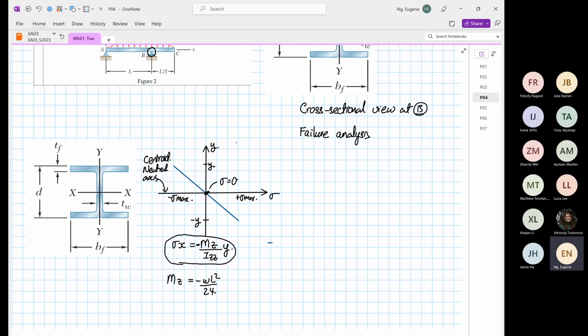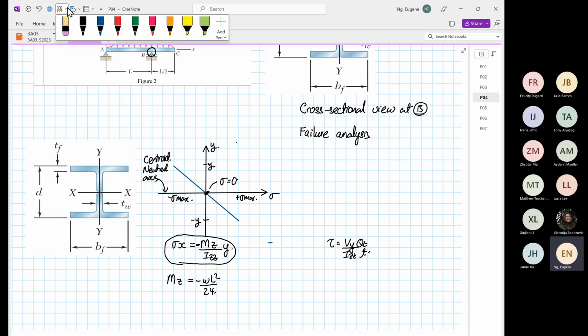Now we have also attained the shear stress. The equation is shear stress equal to Vy over Izz times Qz over t. Now I'm going to sketch the shear stress distribution.